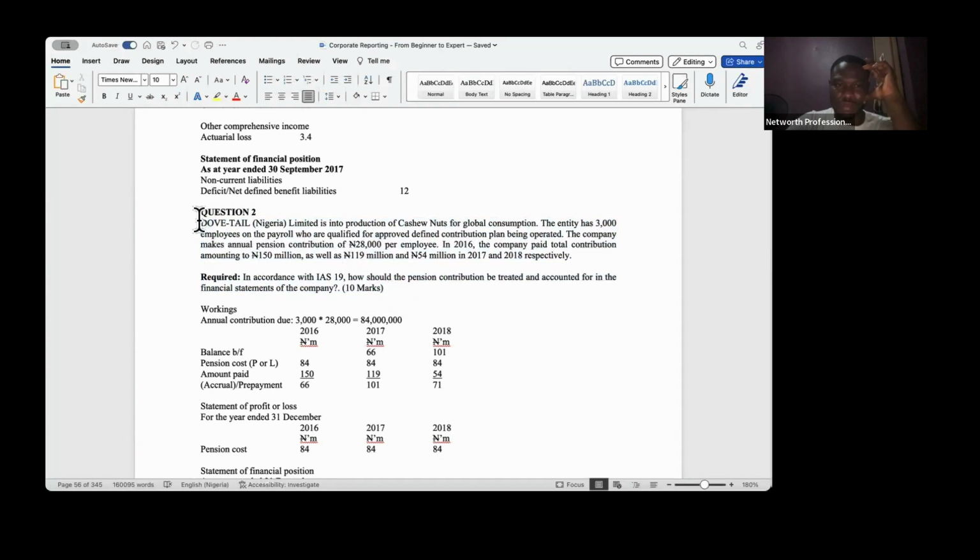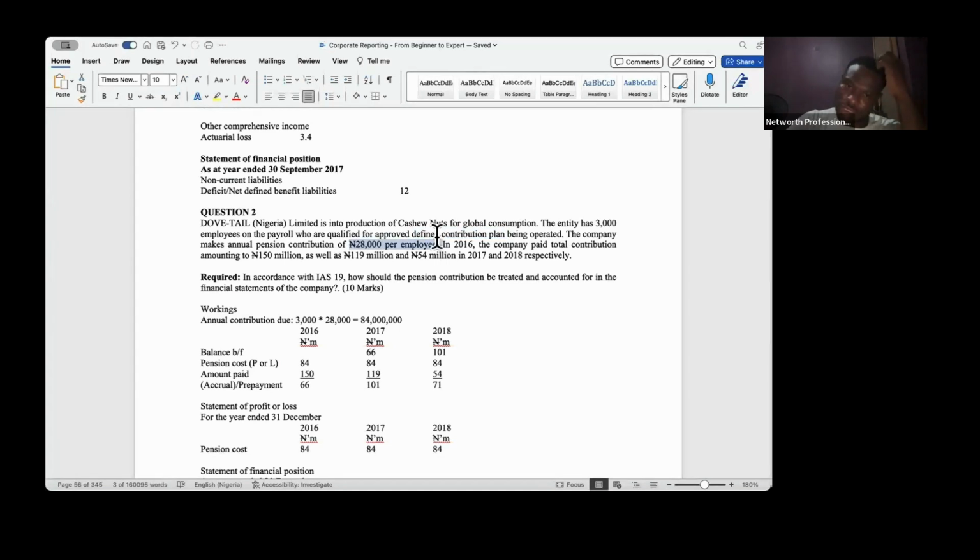So look at this one. Dovetail Nigeria Limited is into production of cashew nuts for global consumption. The entity has 3,000 employees on the payroll who are qualified for an approved defined contribution plan. So they already told us it is a defined contribution plan. The company makes an annual pension contribution of 28,000 per employee.